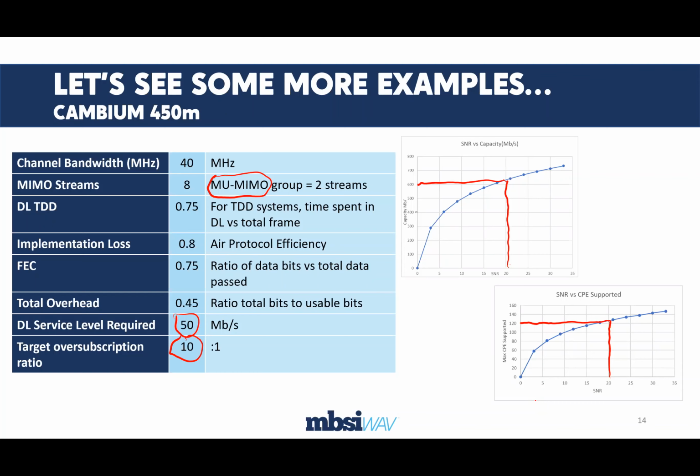And of course, the push has to be for ISED or Industry Canada or the FCC in the US to make more spectrum available so that we can make use of these wider channels. Wi-Fi 6 is a great example of that.